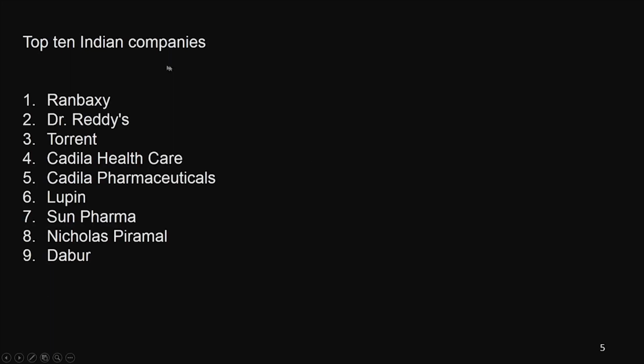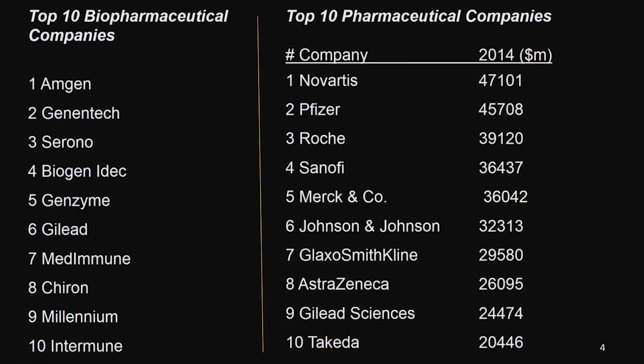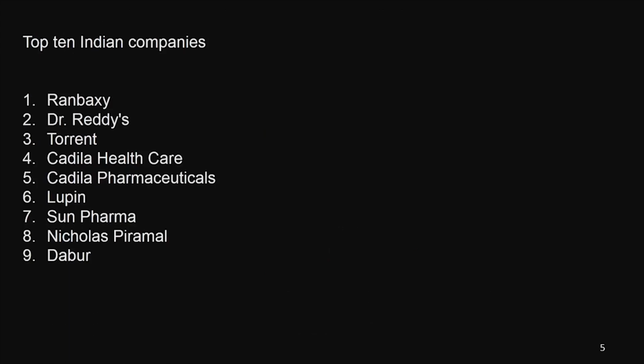Let us look at Indian companies. They are much smaller when compared to, for example, Novartis or Pfizer, maybe 1/100th the size, but still they play a very important role, especially in generics. Ranbaxy, Dr. Reddy's Lab, Torrent, Cadila Health, Cadila Pharma, Lupin, Sun Pharma, Nicholas Piramal, Dabur.